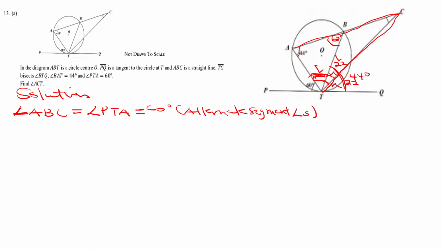Okay, from the beginning, alternate segment angles. So now what do we do again? We are able to find this angle based on the alternate segment angle. So I can also say that angle BTQ will be equal to angle BAT, and that should be equal to 44 degrees.